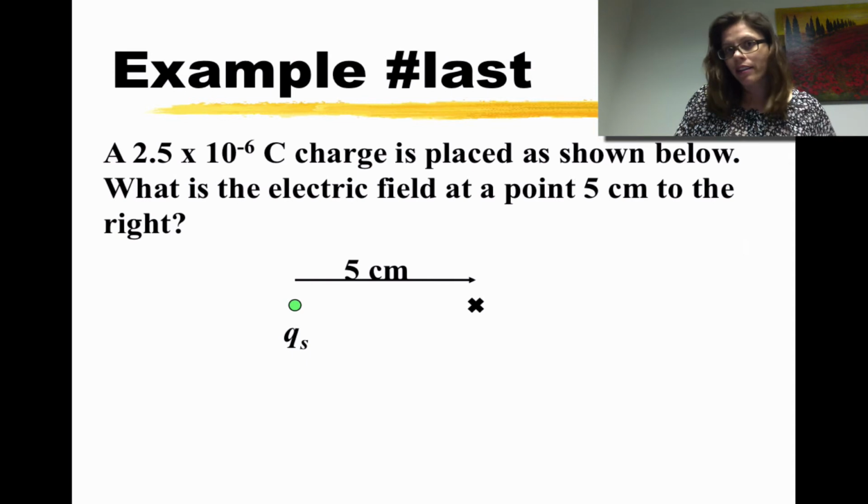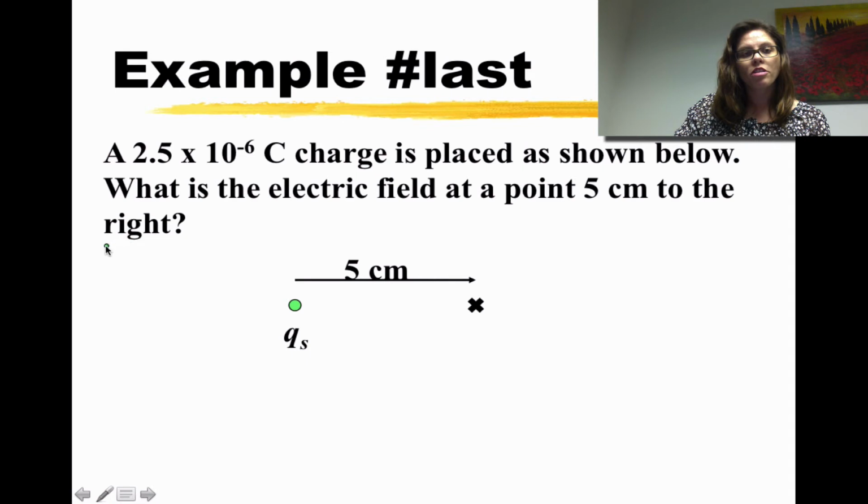So let's work out an example. A 2.5 times 10 to the negative 6 coulomb charge is placed as shown below. What is the electric field at a point 5 centimeters to the right? Before you start, I want to talk about a couple things here. You're going to be using a lot of scientific notation. Our charges are generally going to be very, very small.